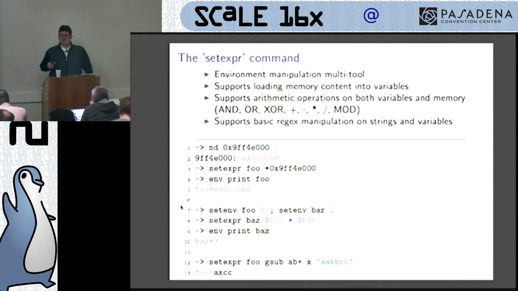Another thing which it allows you to do is arithmetic operations, both on U-boot variables and on memory addresses, which can be useful if you're doing, for example, loops which need to pull some sort of bits somewhere in memory. You can do plus, minus, the standard multiplication, division, and you can do also bitwise operations, which is useful.